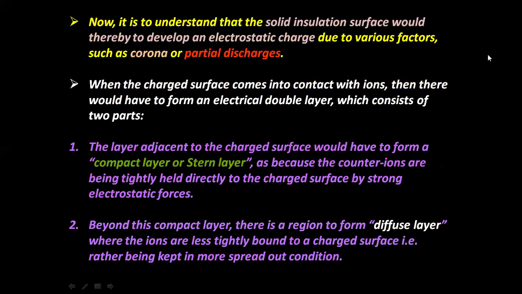Now, it is to be understood that the solid insulation surface would develop an electrostatic charge due to various factors such as corona or partial discharge. When the charged surface comes into contact with ions, an electrical double layer forms, which consists of two parts.